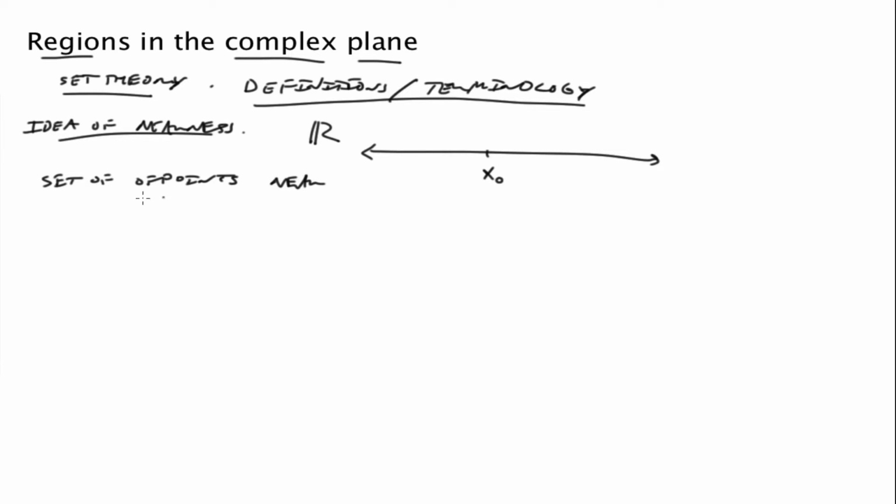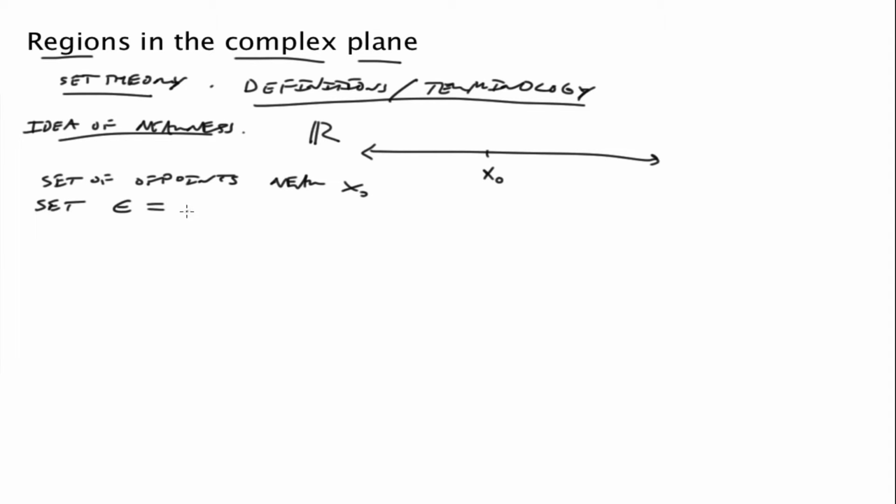Okay, so let's now think about the real line. If I'm on the real line, like that, and I have some point x naught, and I want to find a set of points near x naught, I might set an epsilon value.